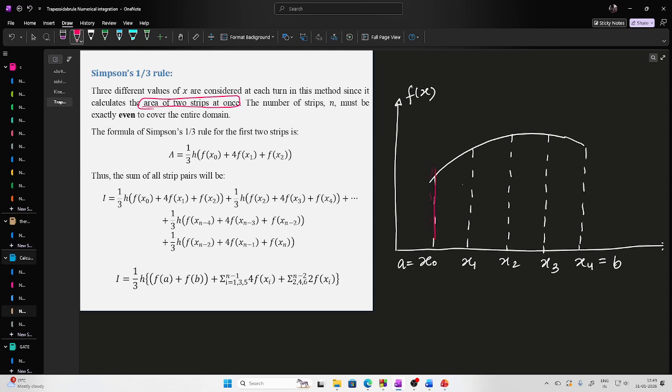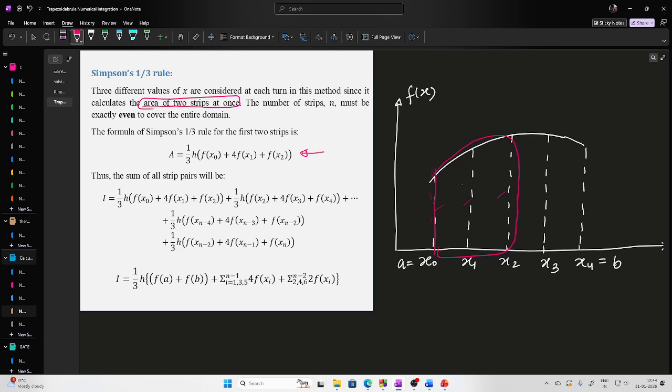So if you don't want to go into that detail, then you can club these two, think that we are clubbing these two and we are getting this area. That is f(x0) plus 4 times this plus f(x1) divided by 3, because 3 data points we have taken, and then times h. You can think in this way.